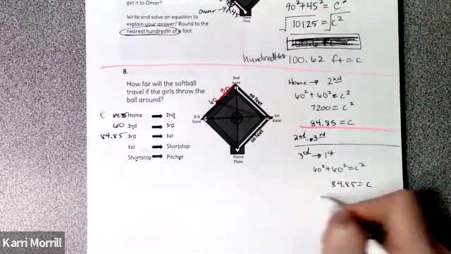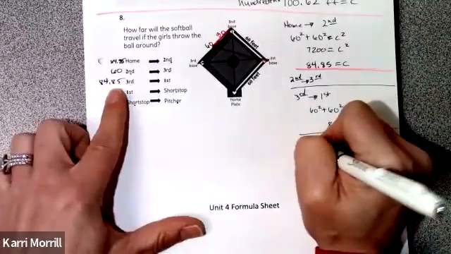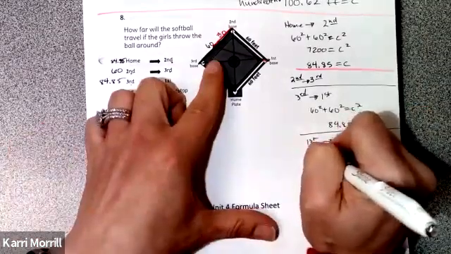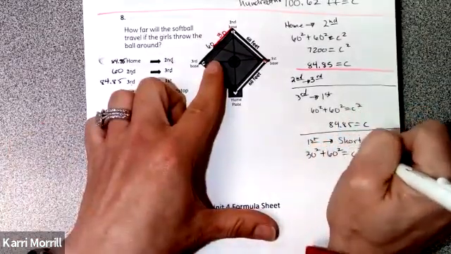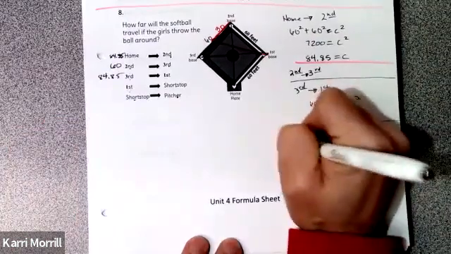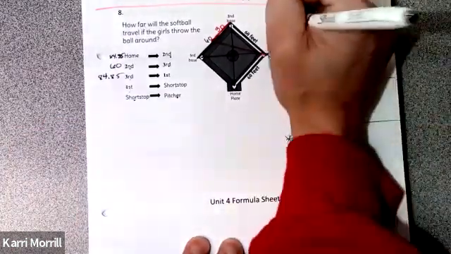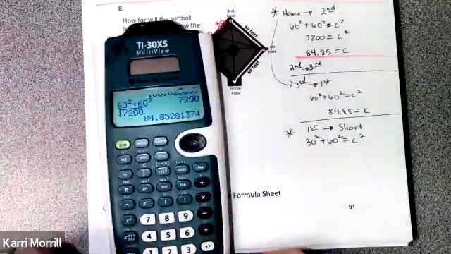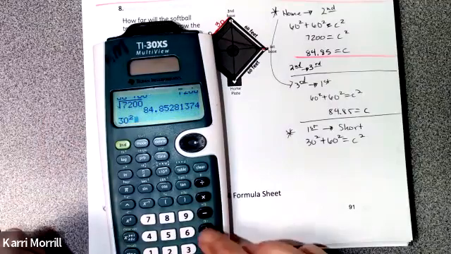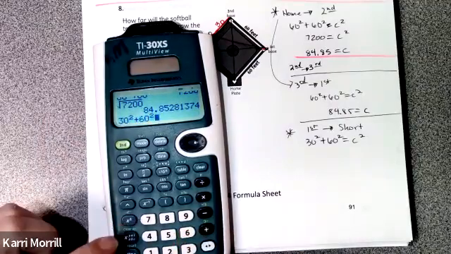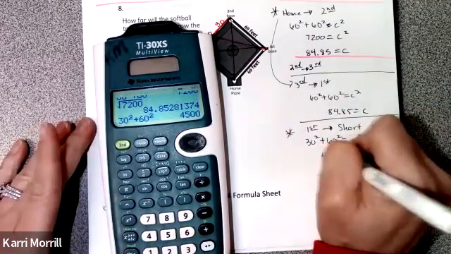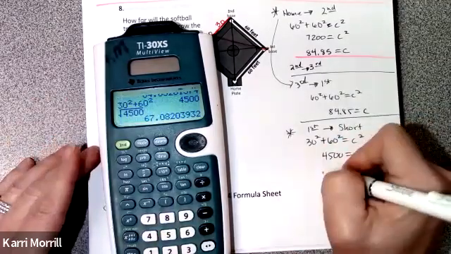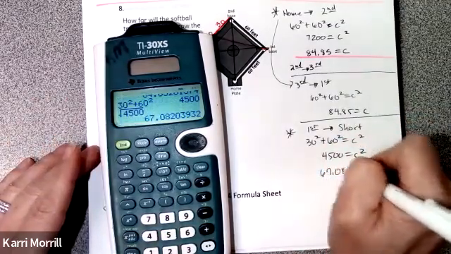So for first to shortstop, we're taking 30 squared plus 60 squared as our C squared. We did have to do this measurement and this measurement, and this one was the same as that, so really we've only had to do 2. 30 squared plus 60 squared is 4,500, and so that would be like 67.08.